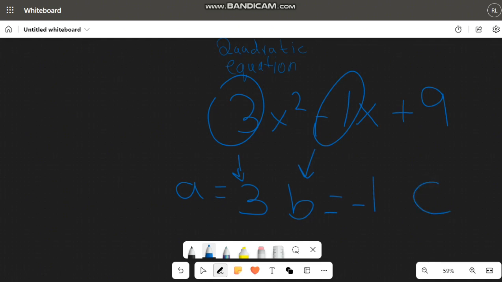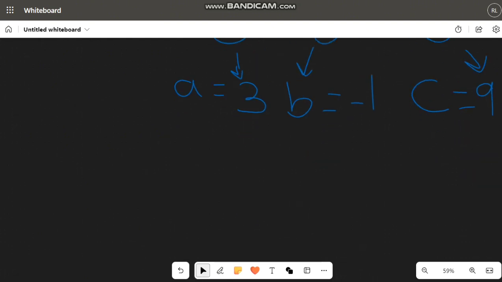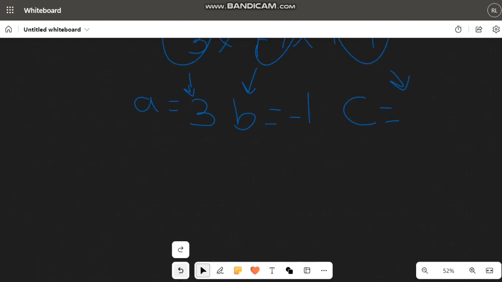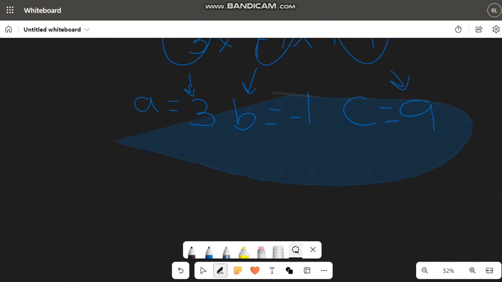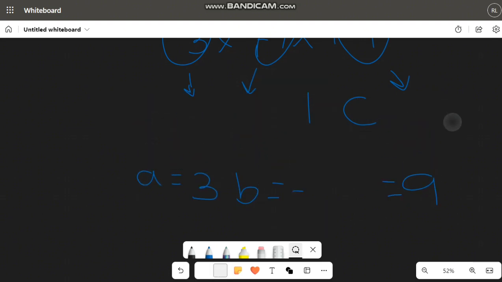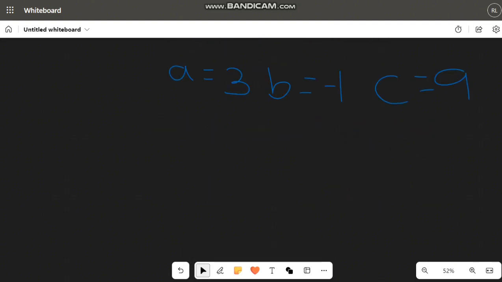C would equal 9. Okay, now we have these. Now we take these and we're gonna find x in this part.